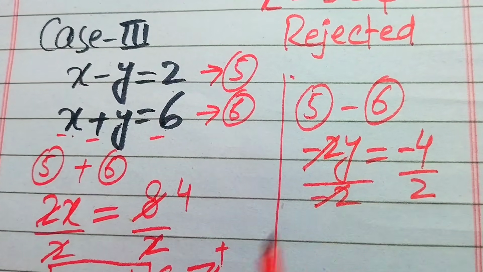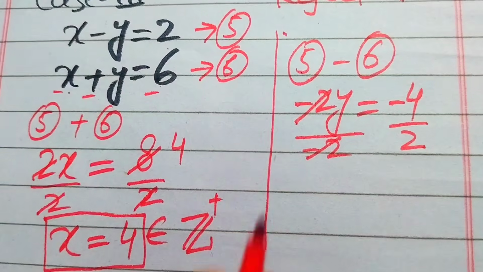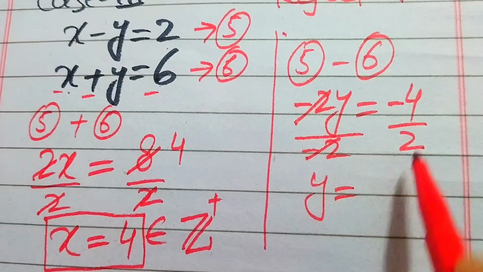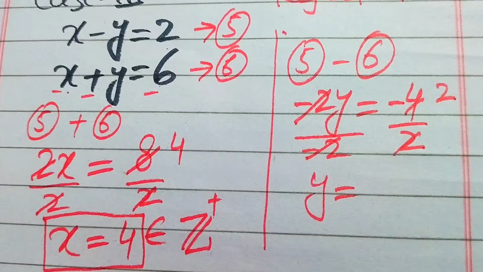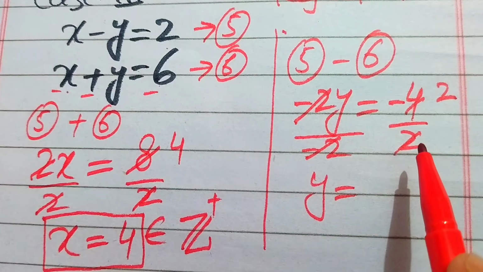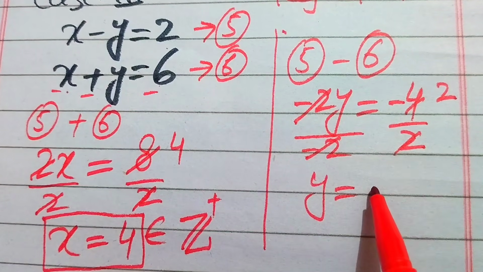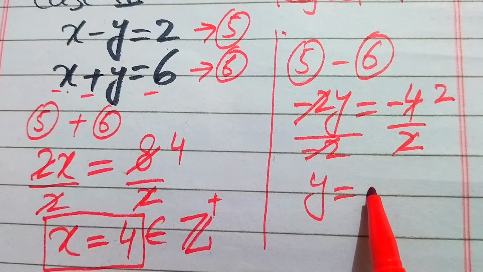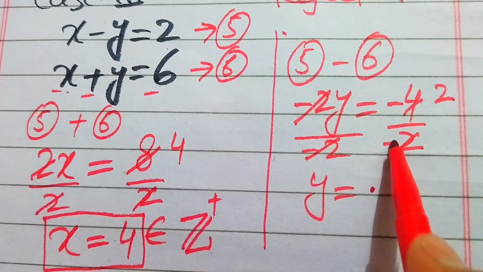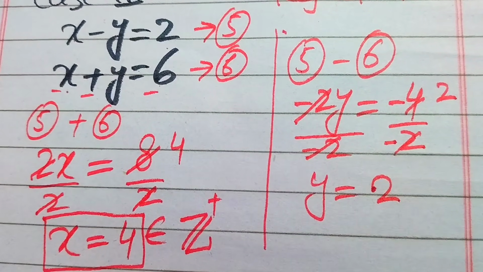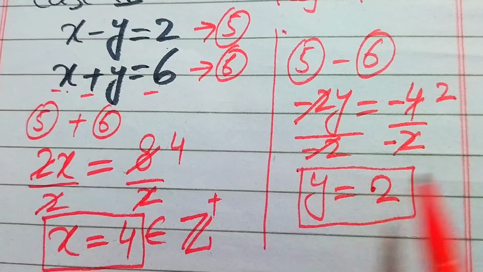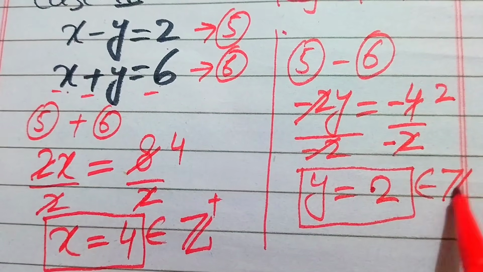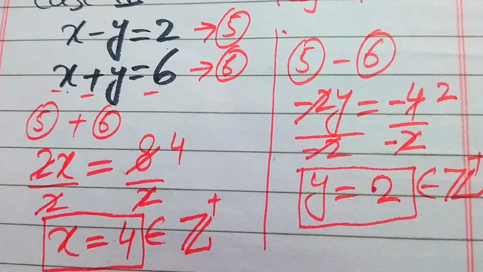This minus 2 and this minus 2 cancel out each other, and we get y equals minus 4 divided by minus 2, which is 2. So y equals plus 2. Okay, so this is the value of y, and here you again clearly see that y must also belong to the positive integers.